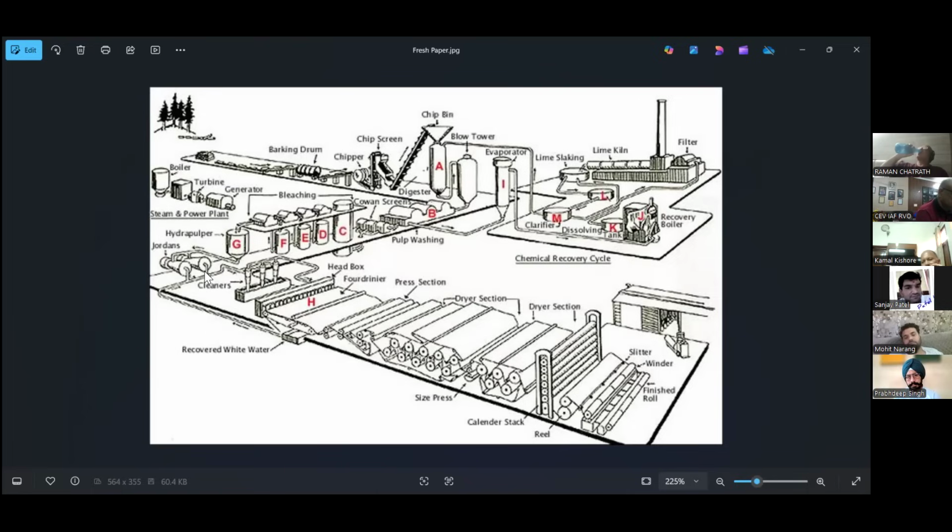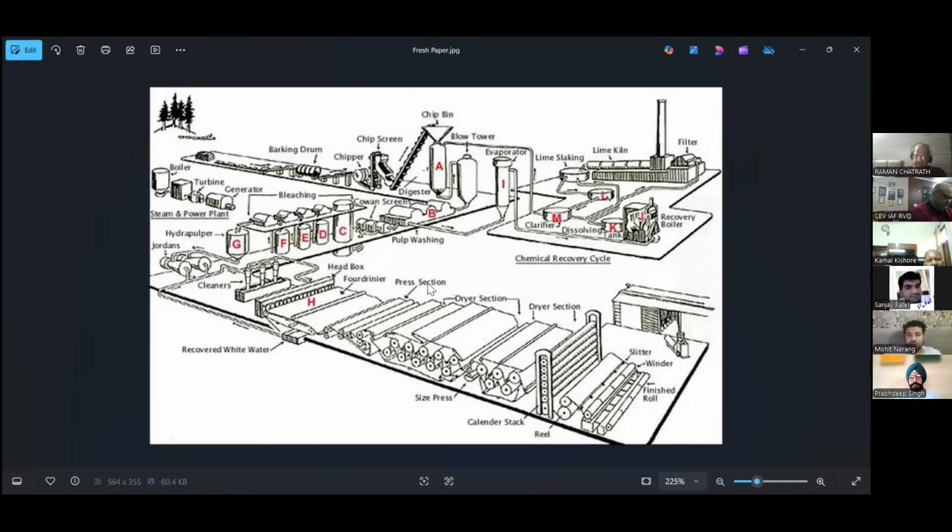So pure smooth pulp through the head box is sprayed over the foundry wire. Okay, white pulp is sprayed over the foundry wire section, and the spread pulp goes for the pressing sections. मतलब उसको प्रेस किया जाता है, and the initial 1 or 2 press sections are also heated.